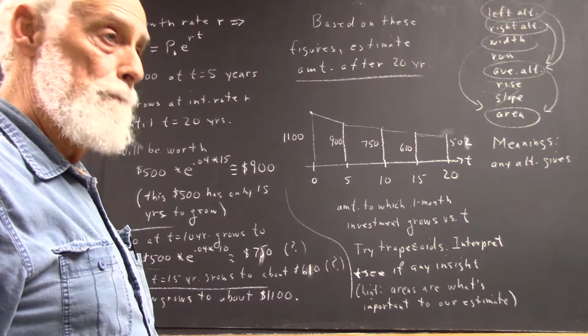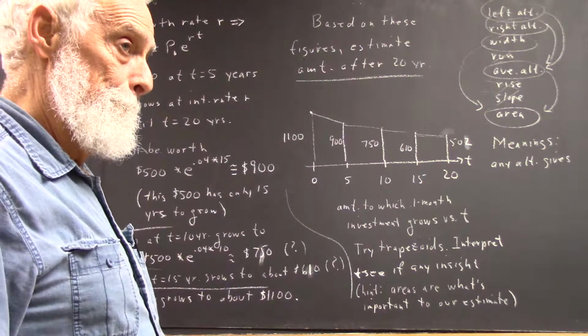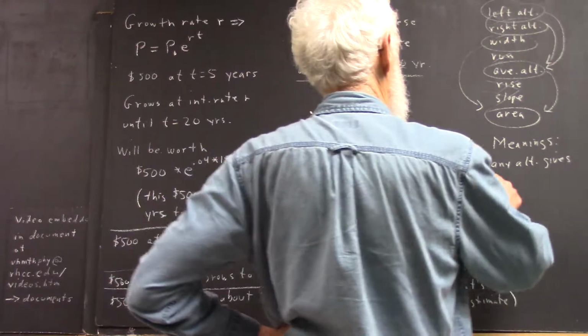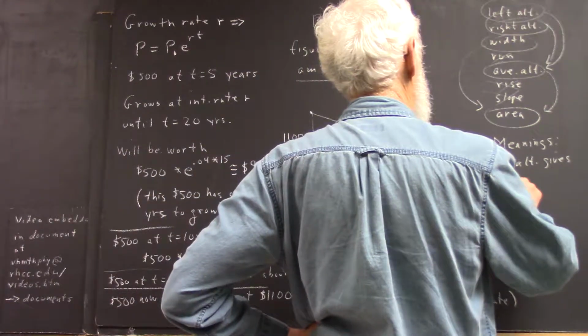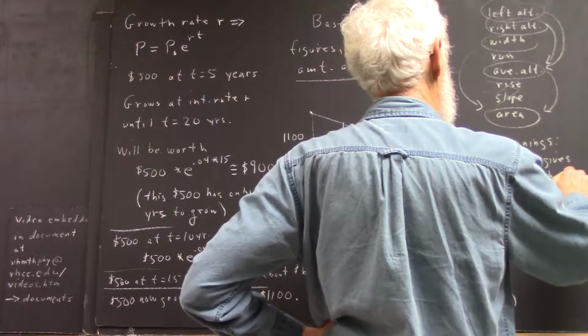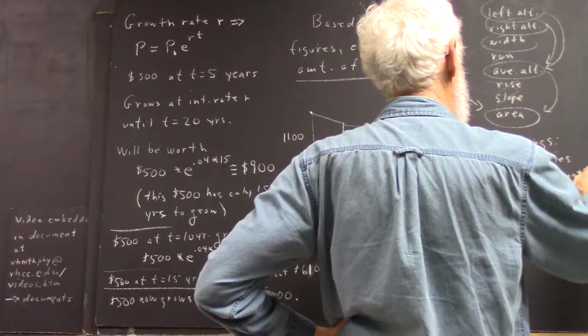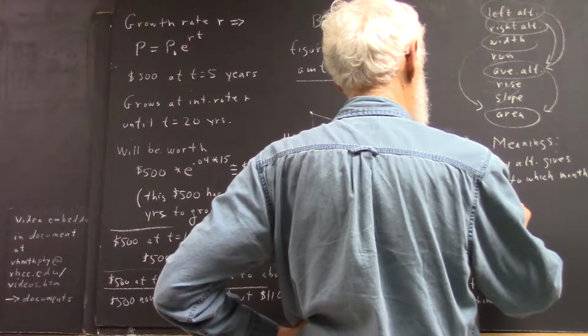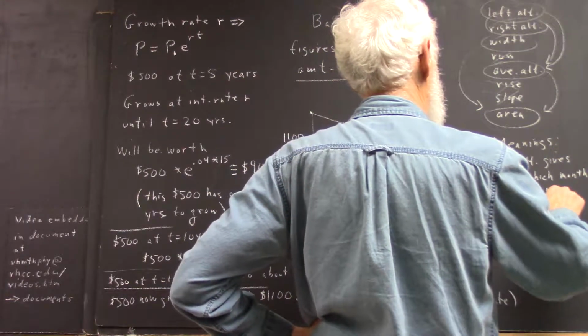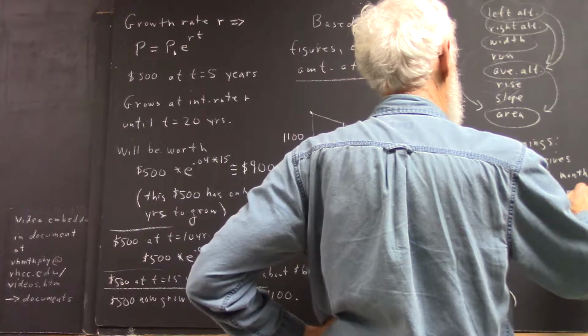Any altitude tells you how much your $500 grew in T amount of years. So it's the amount to which the monthly investment grows.